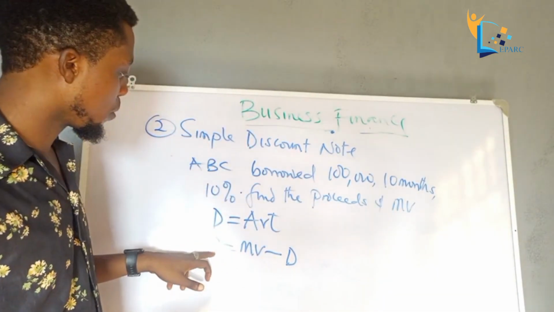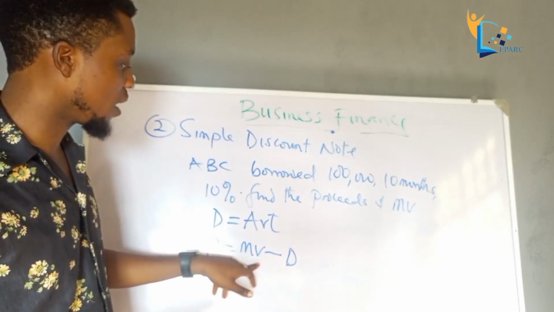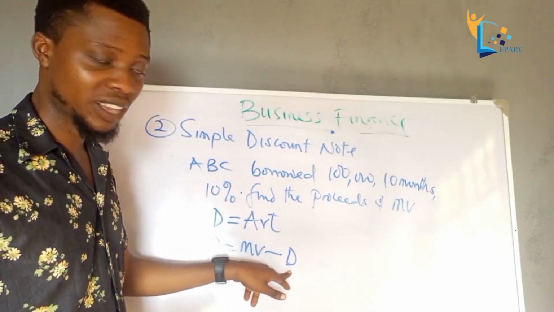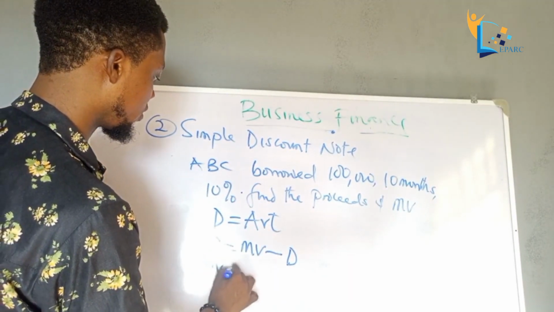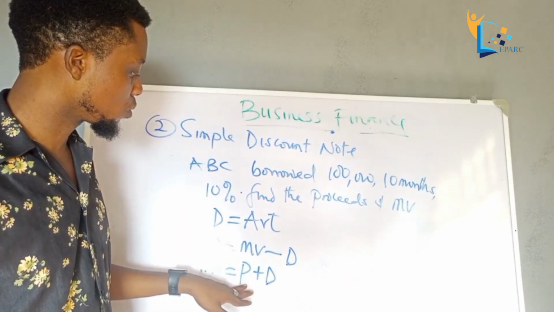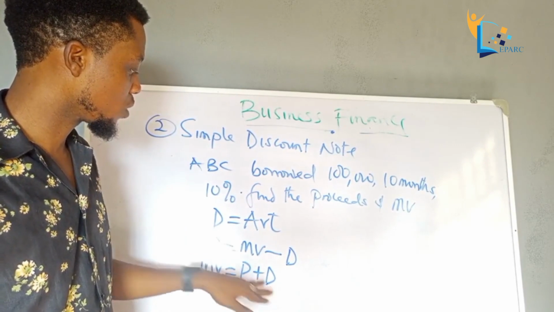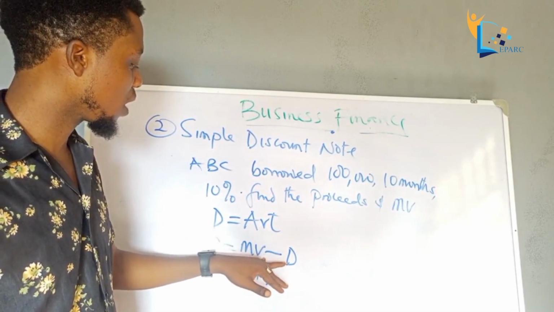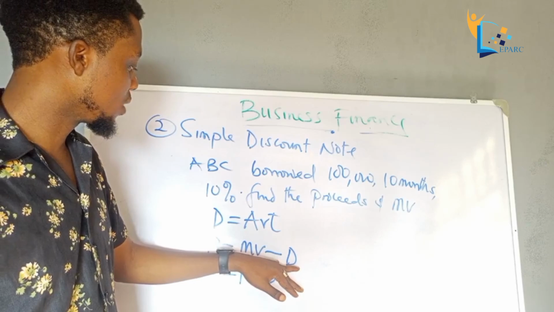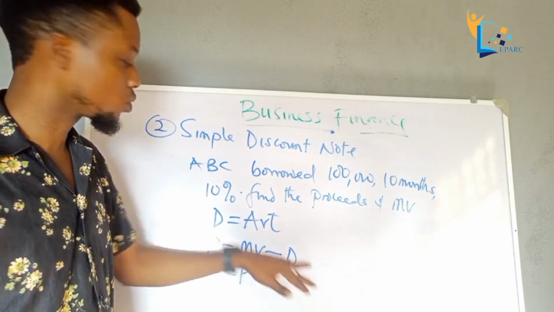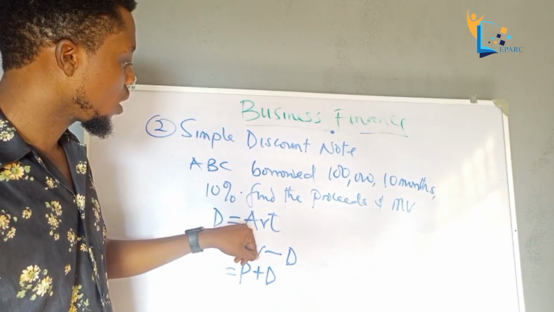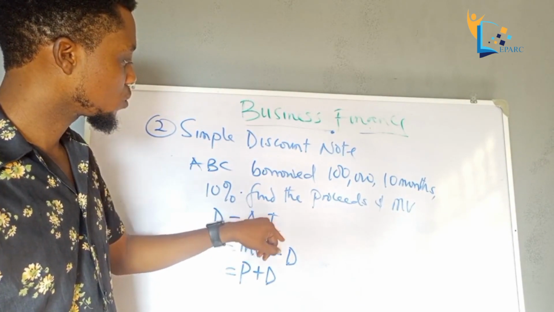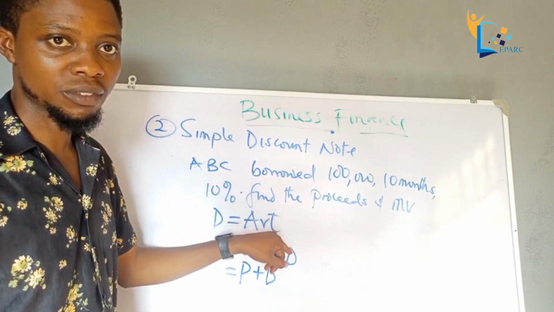So the proceed is equal to maturity value minus this simple discount note. Now, you can also know what the maturity value is. Maturity value is equal to proceed plus simple discount note. Proceed is equal to maturity value minus simple discount note, while the simple discount note is equal to amount times rate times time.